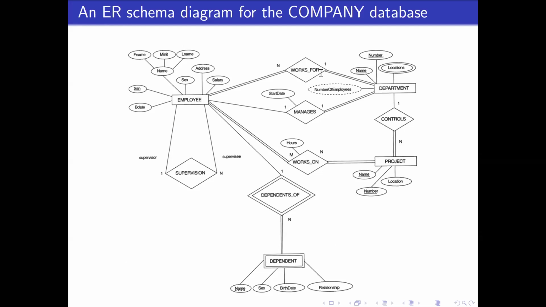The project should have at least one department, so the participation is full, and the department may have projects or not. Yes, exactly. Departments sometimes might not have any projects, so that's why it's a single line. But if there's a project, you have a controlling department, which means this is a mandatory constraint. So this is a single line, this is a double line.